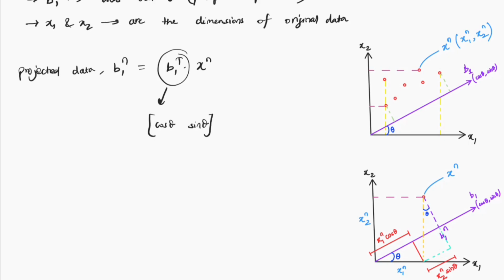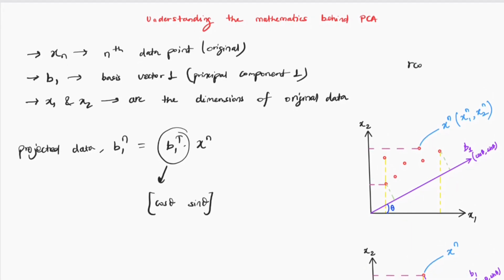Since we have taken this b1 at some theta, we can always write a vector in terms of r theta. So we can always write a vector in terms of r cos theta, r sin theta, where r is magnitude and theta is direction. And since we have kept the magnitude of this basis vector as 1, I will try to explain why we have kept r equal to 1.